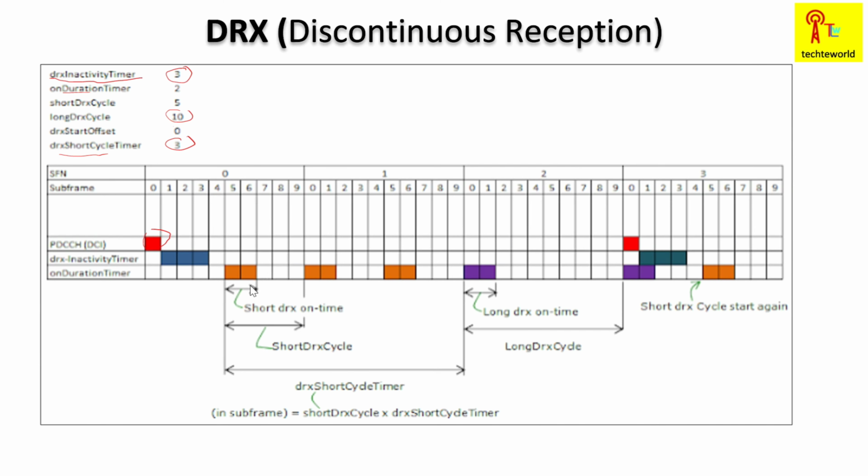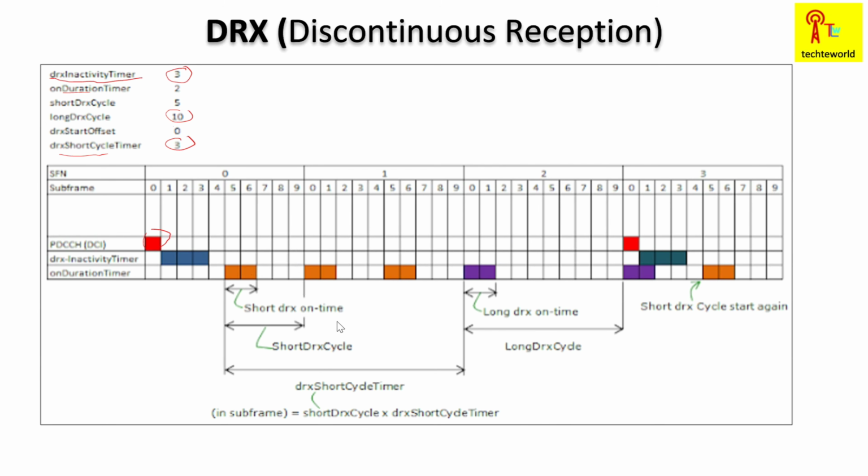This is the on duration timer, which is of 2 millisecond, so it will be on for 2 millisecond, and for the rest 3 millisecond it will be off. So this is a short DRX cycle where for 2 millisecond it is on, and for the rest 3 millisecond it is off. Again same thing, 2 millisecond on, 3 millisecond off. So this is in terms of subframe level. Hope you got it, right?